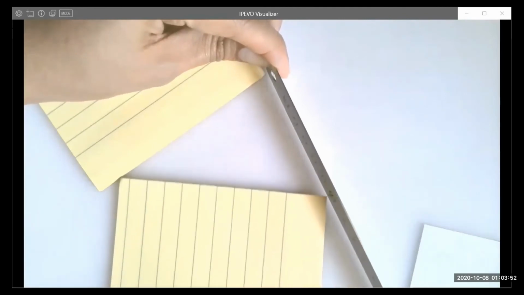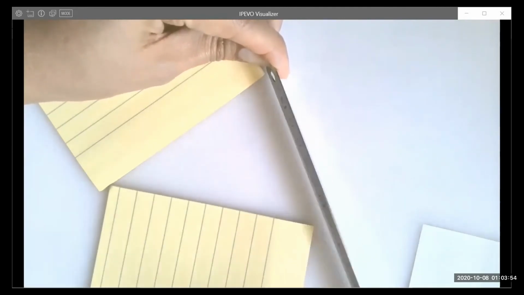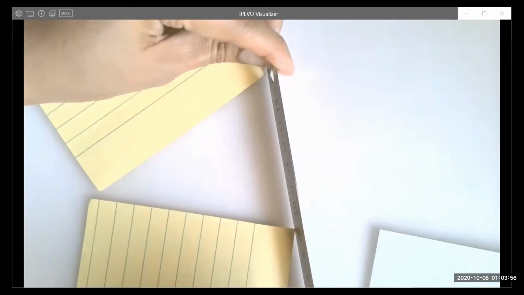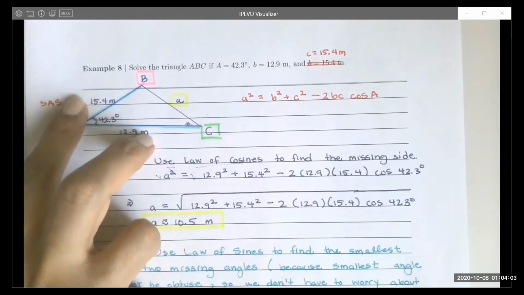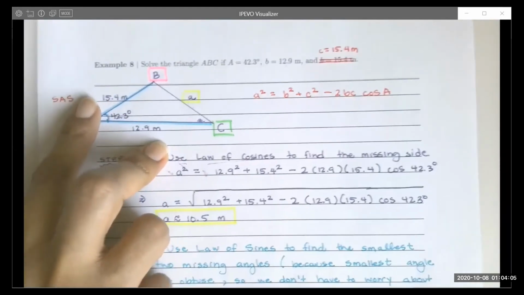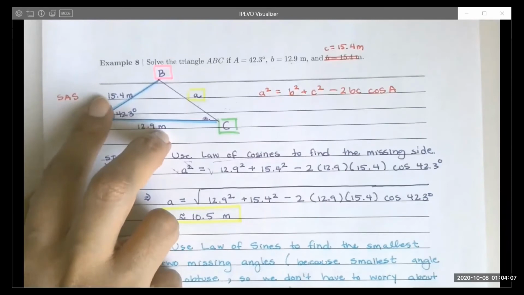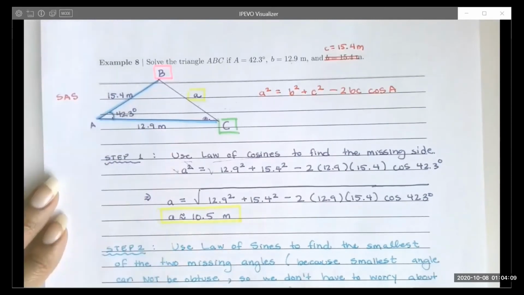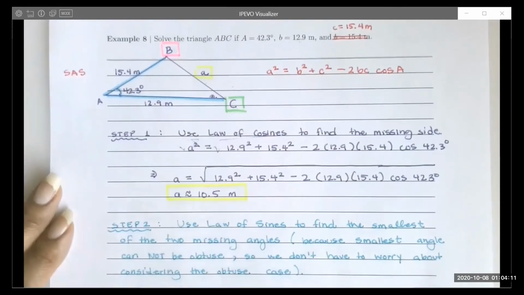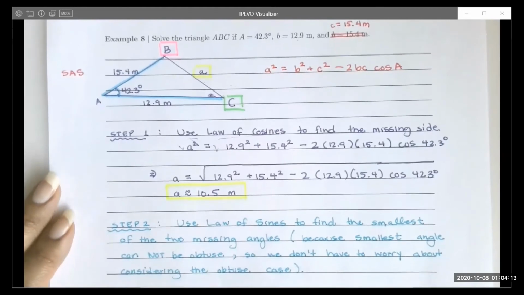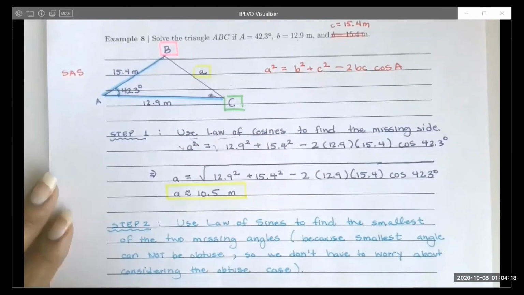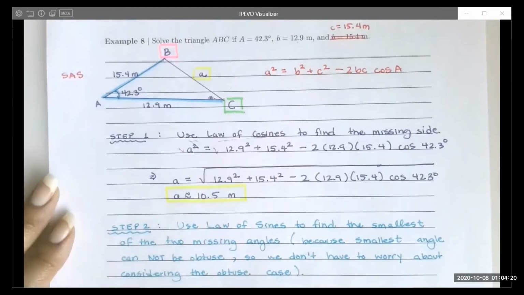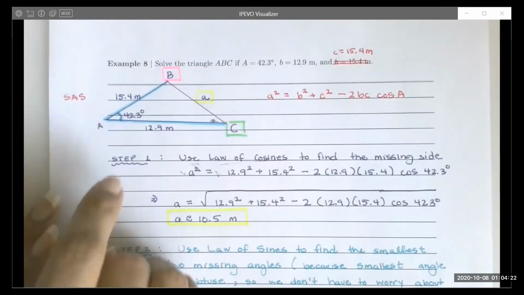If I make it larger, then that side is going to keep growing longer and longer. So for the triangle here, we're going to take a look at the two sides, see which one of the two sides is shorter, and that is going to correspond to the smallest of the two angles. So what is the smallest side?